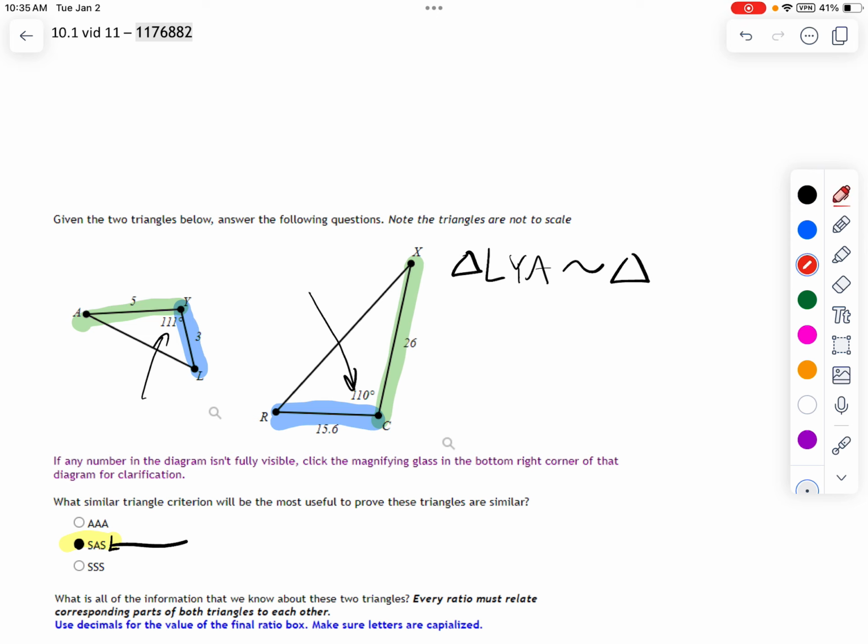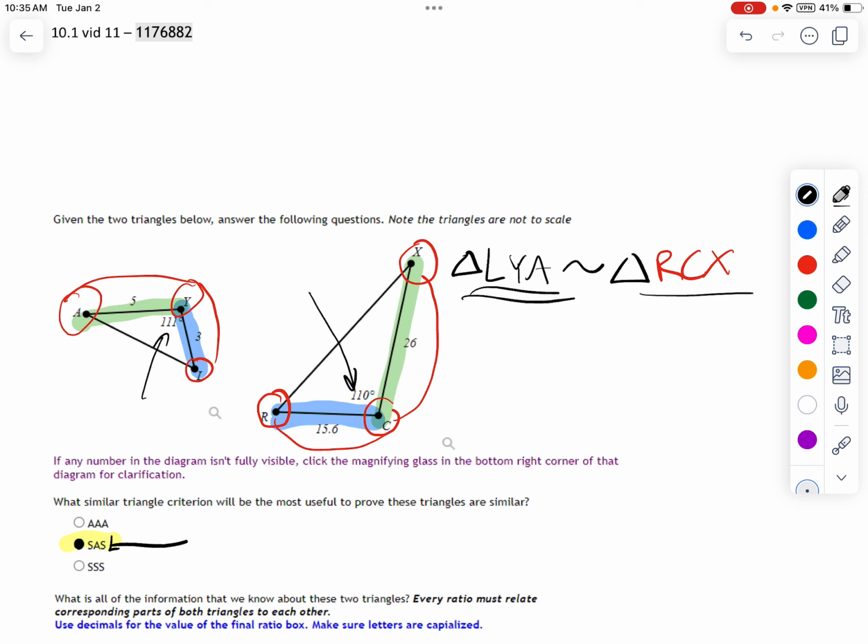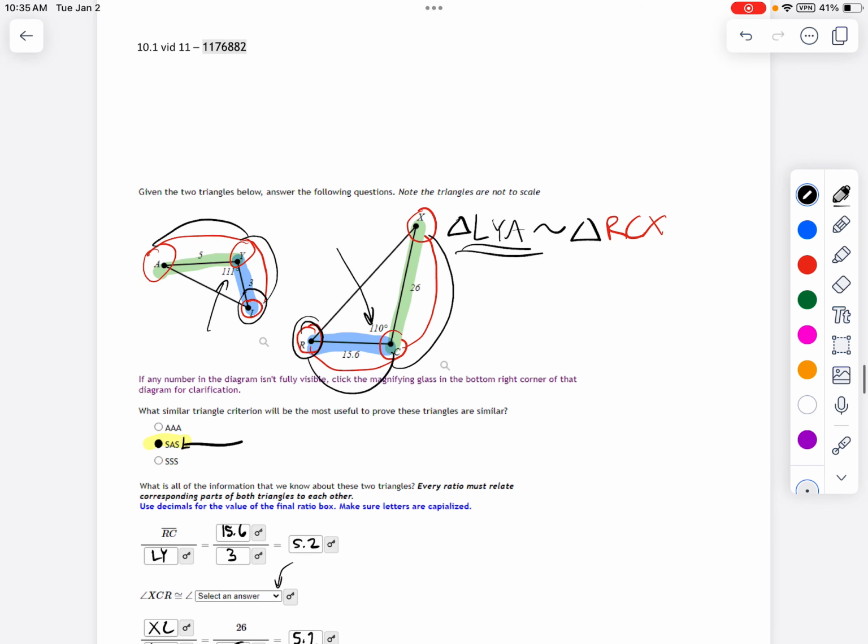L starts at our shortest side, then the angle Y, then our longer side A. So we want to start at the shorter side of the longer triangle, R, go to the angle C, and head to the longer side X. That's how you'd write the similarity statement. Whatever order this is in determines the order of the other, because you want to follow the same path: shorter to the middle to long, shorter to the middle to long.